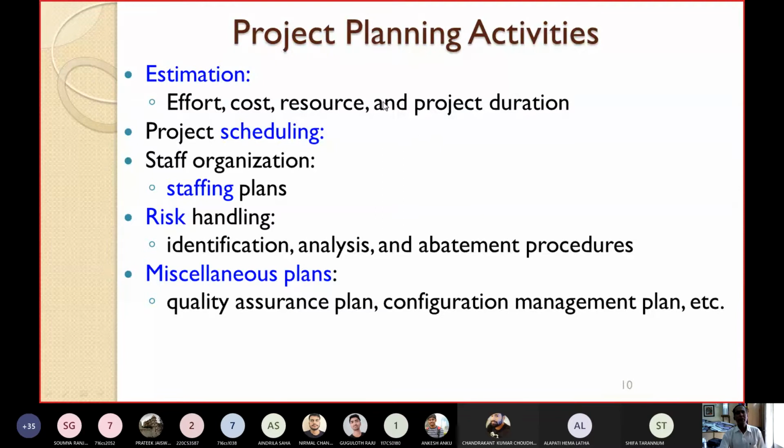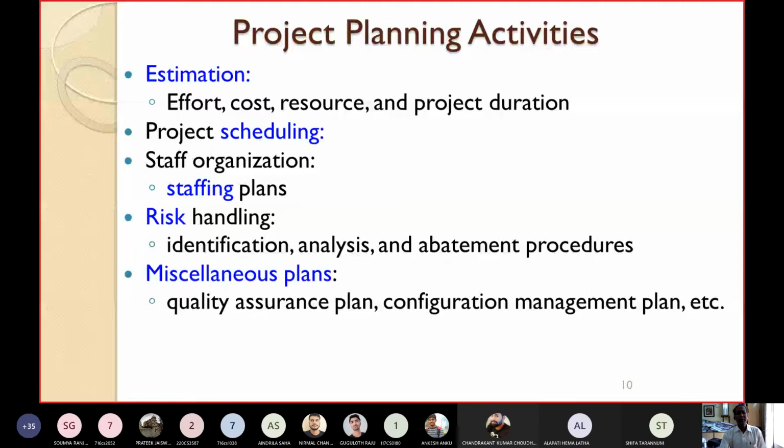Then we have project scheduling: how much time I should give for which activities. Under this, you will see CPM and PERT. Under staff organization, we see how many staff are required for this project and for each activity, and whether staff can be interchanged or swapped in their roles. So this is staffing plans or staff organization.